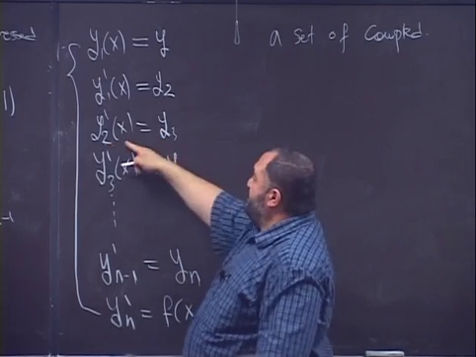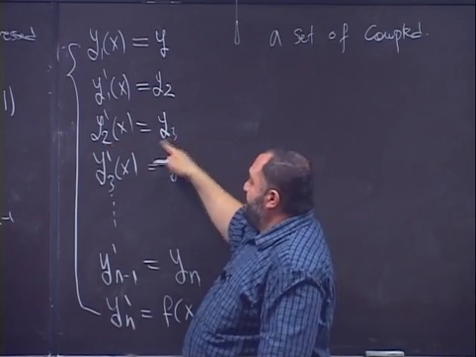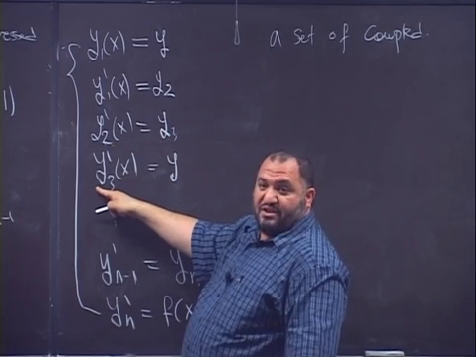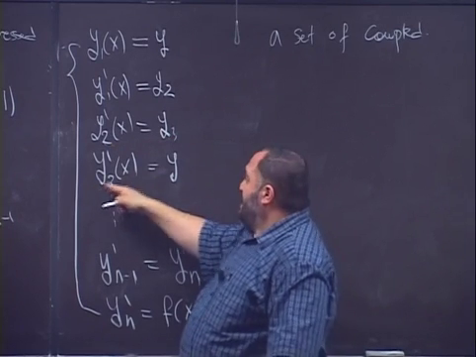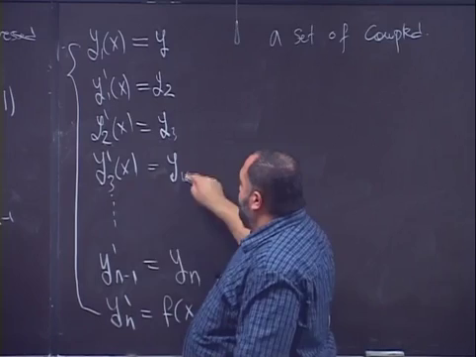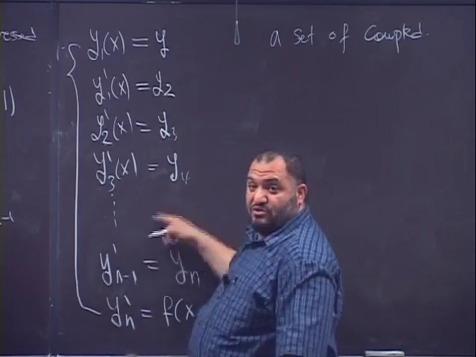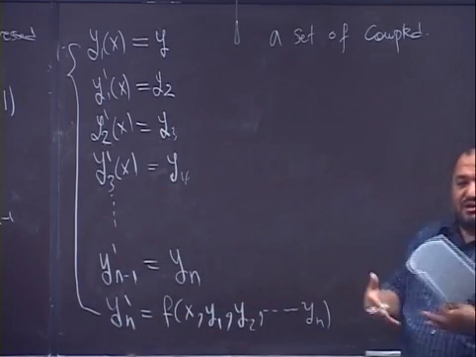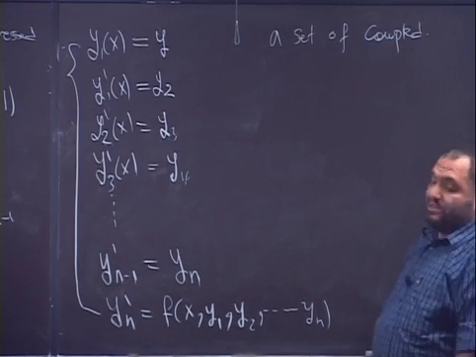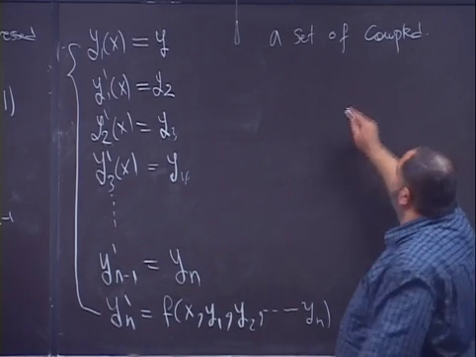And this equation has this variable y3, which is given in a second equation or third equation. And in this equation here, y4 is given here, and so on. So they are linearly coupled equations. It's like this.